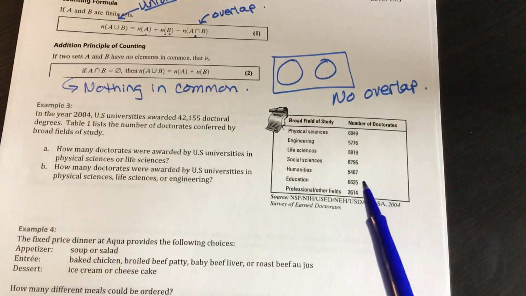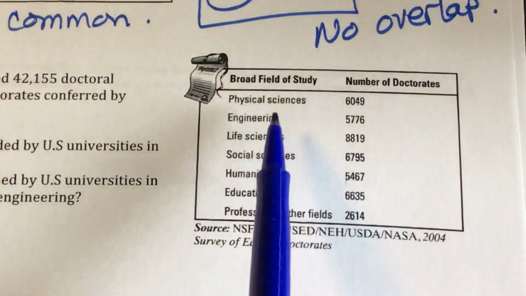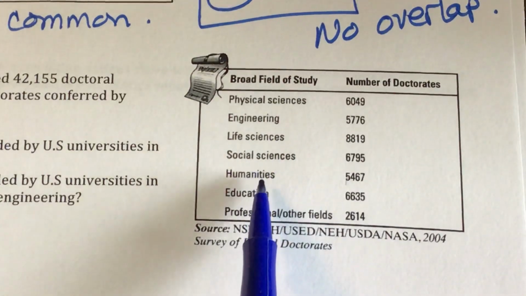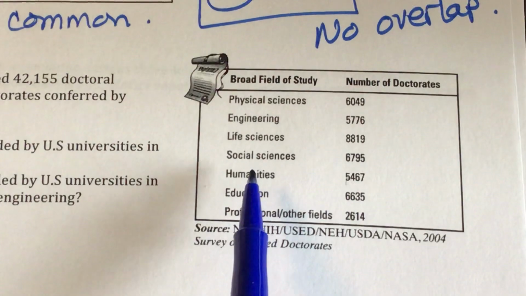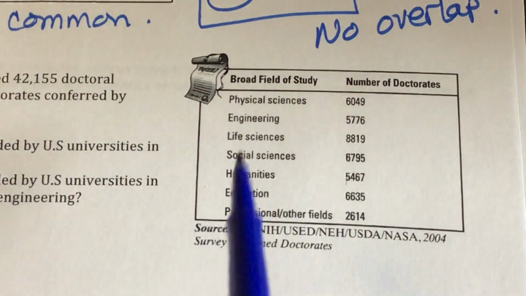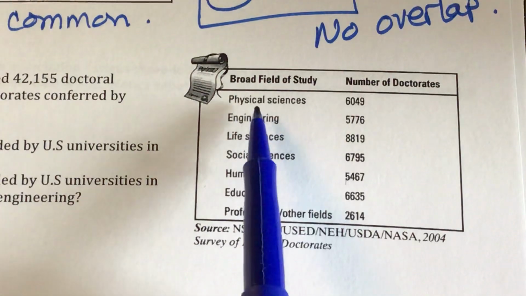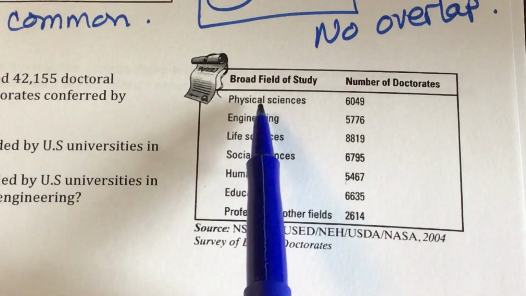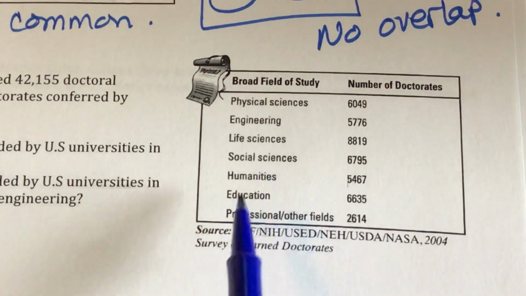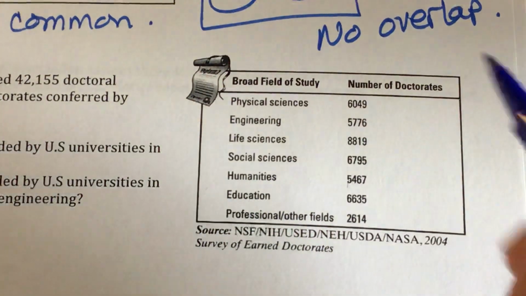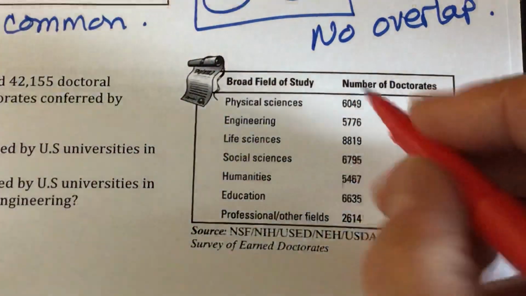All right, so if we look in here, each of these different fields of study are independent of the other. So if you're getting a doctoral degree in 2004 in physical science, that's a different set of somebody that's going to get one in social science or education. So these are independent of each other.